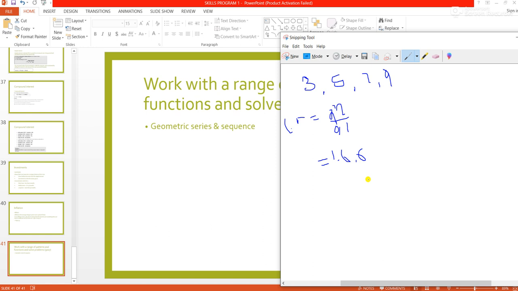When we divide the third term by the second term, 7 by 5, it's 1.4.